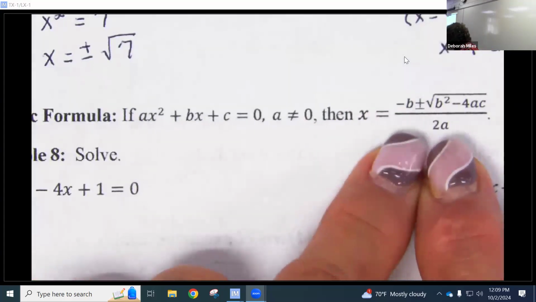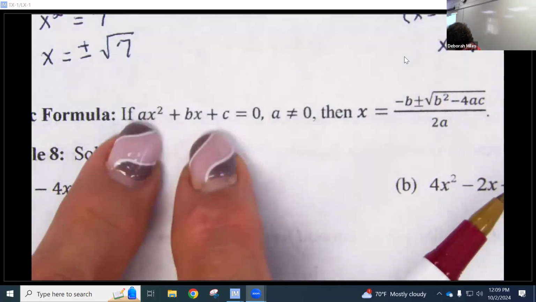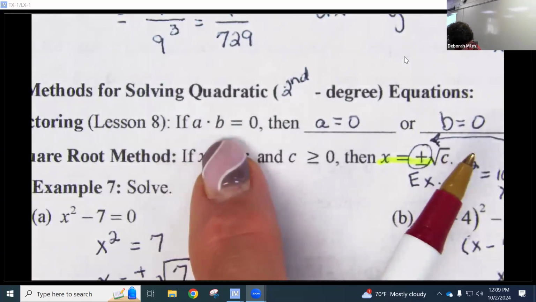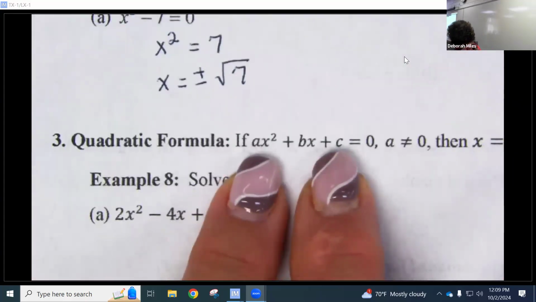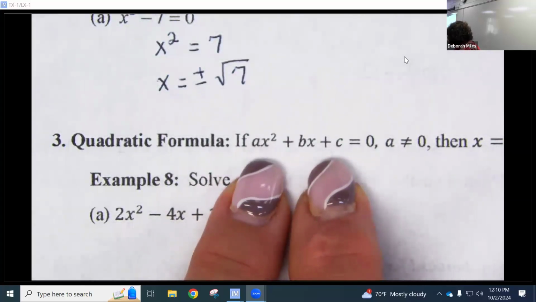This quadratic formula, these coefficients are extracted from this equation in standard form. So just like before you factor, you have to get the equation in standard form before you use the quadratic formula.